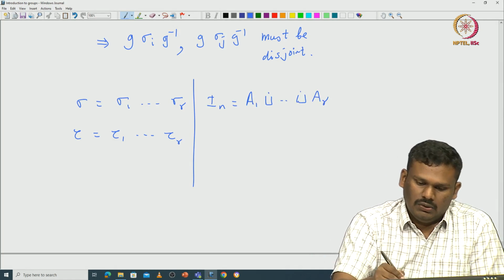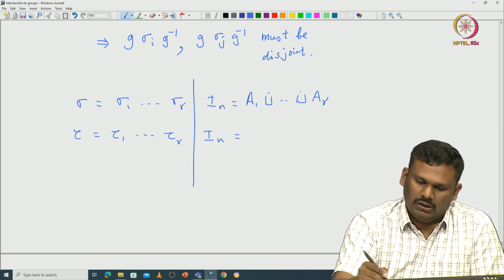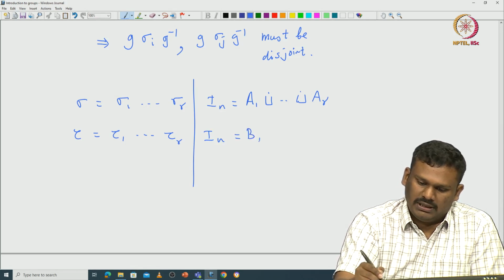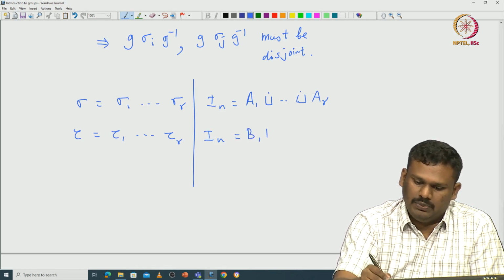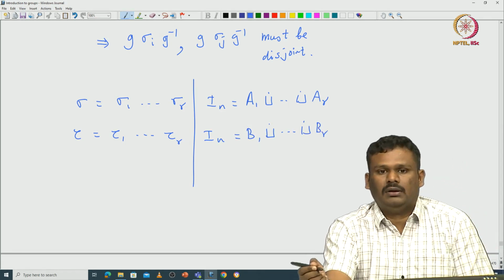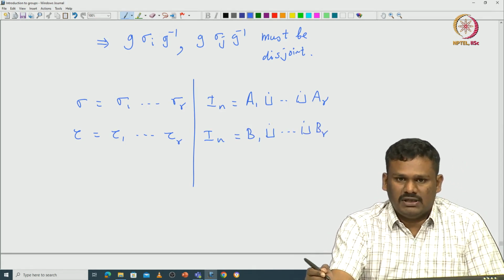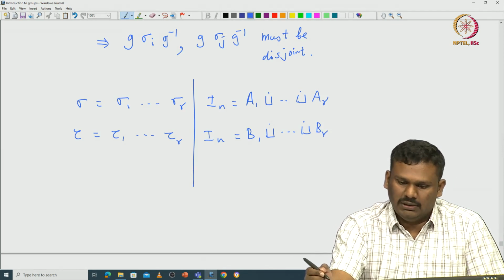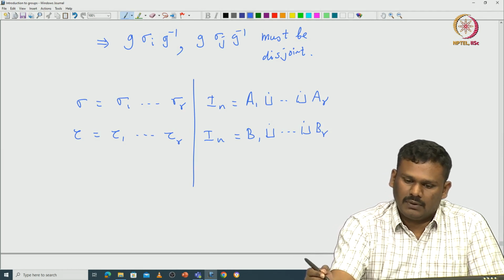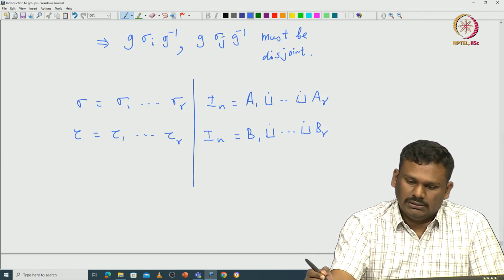Similarly, you are partitioning 1 to n with respect to tau as B1 disjoint union etc. disjoint union Br. Now, the length of A1 is the same as the length of B1 and so on.